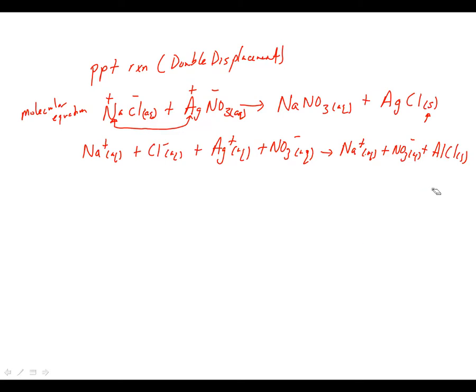And it helps if you write the right formula in there. Just like real time, I suppose. There we go. And again, this is a precipitation reaction because this is our precipitate that's being made. And this again would be our total ionic equation.